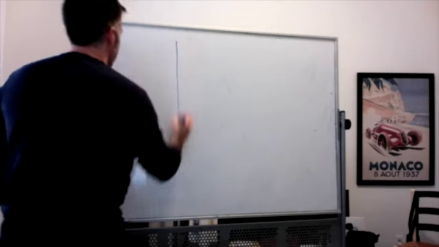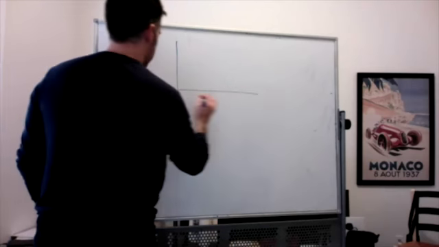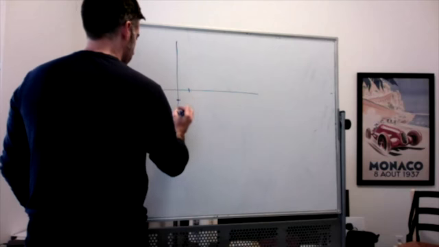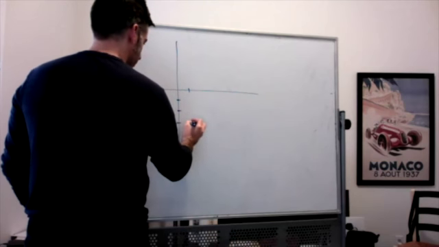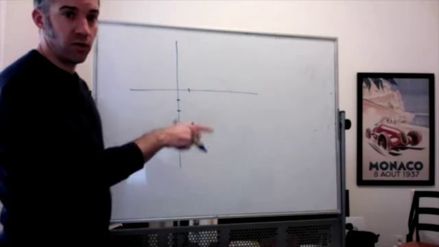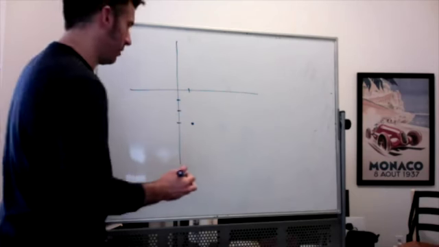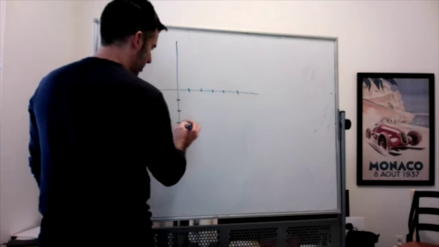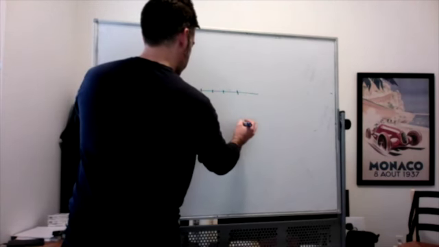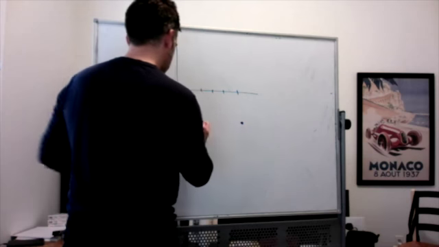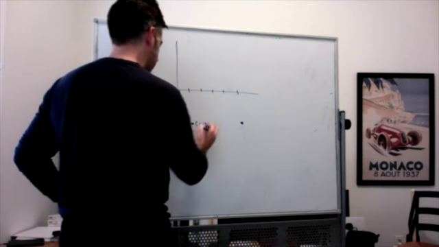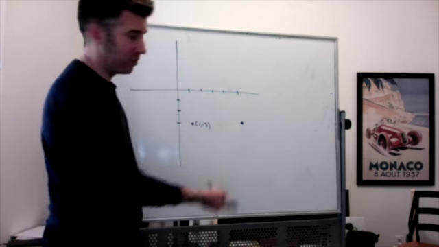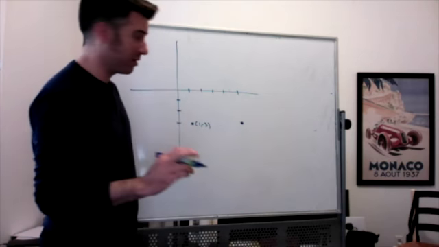So if my center is 1, negative 3, I'm going to have to go 4 to the right, 4 to the left, 4 up, and 4 down. So I'm going to mark off 1, 2, 3, 4 to the right. You could label this point, but you don't have to, so I'm not going to.